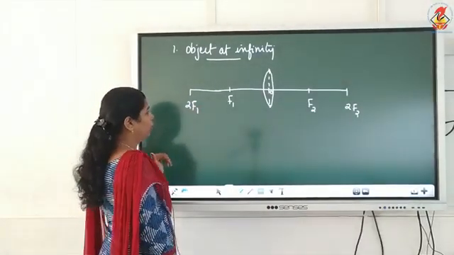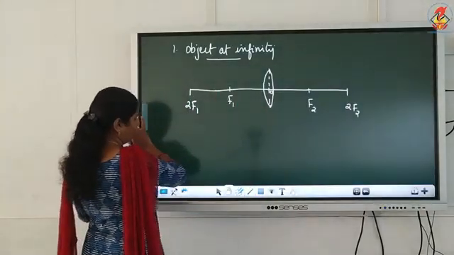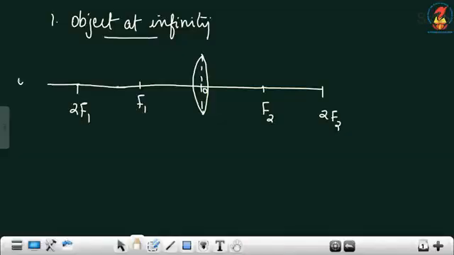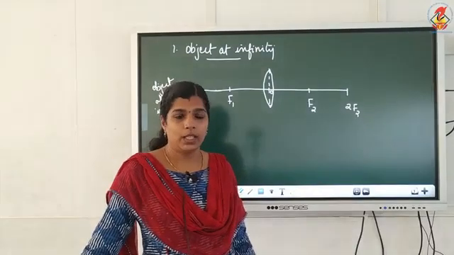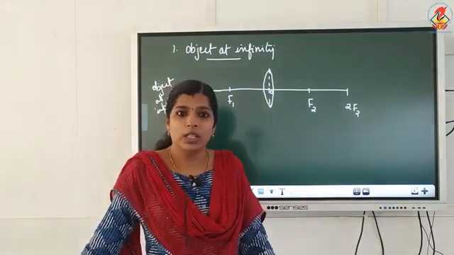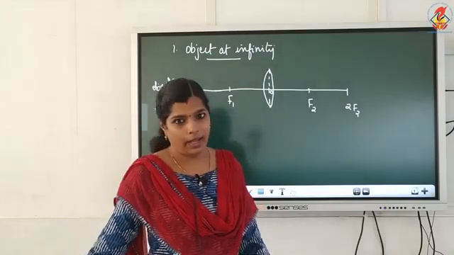Okay. Now the object is at infinity. Normally we will not draw the object. We consider the light rays from the object which is at infinity to be parallel to the principal axis.